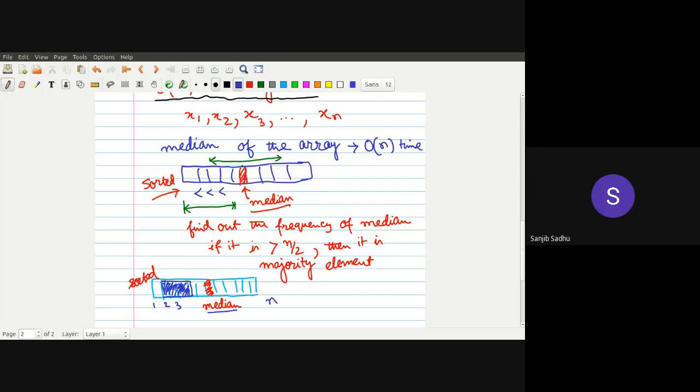Steps and recursive functions are there, and that is costly, because you will call the stack many times and the stack size will grow. So we want a very simple algorithm in linear time to find the majority of a given array. How can we do that? That is a challenge. Now we will describe that.